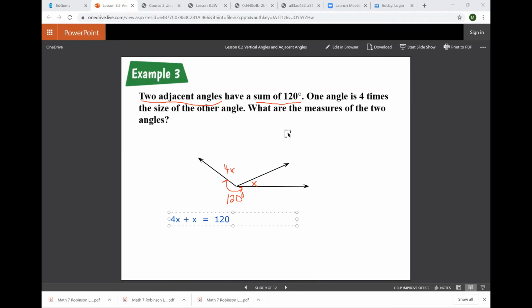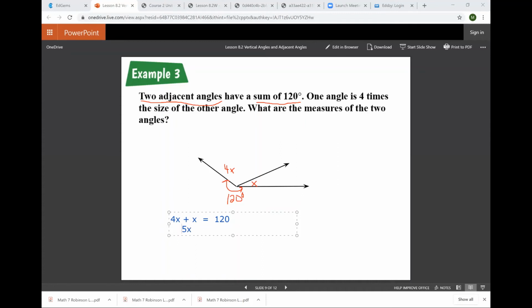So the first thing I'm gonna do, I'm looking at my problem and I can see that I have like terms. I have 4x and then I got a plus x. So I can add those together. 4x plus x is 5x.